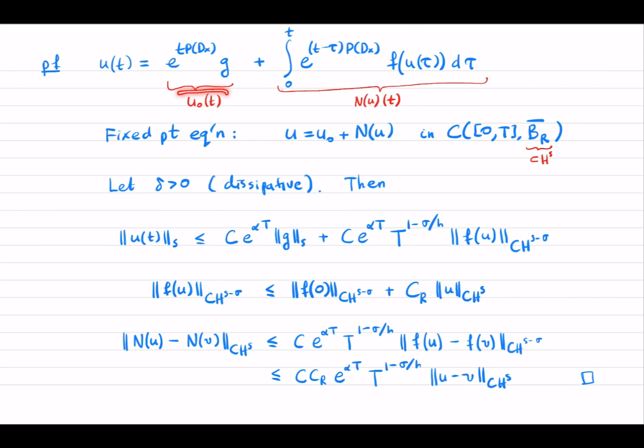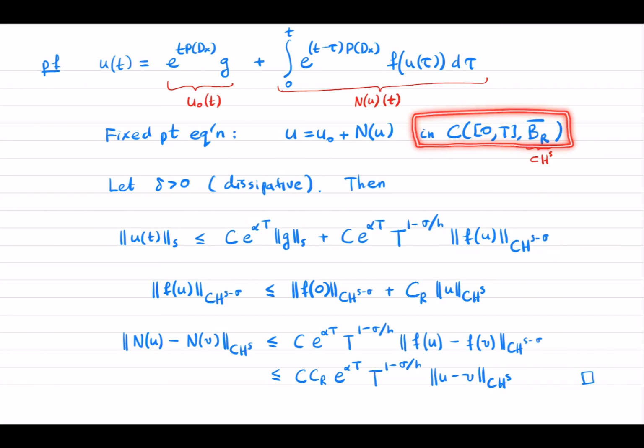So let's call that U0(t) because it's fixed. The second part, the inhomogeneous part, let's call it operator capital N applied to U. That means we want to solve this fixed point equation: you give U, produce that, and that must be equal to U itself.